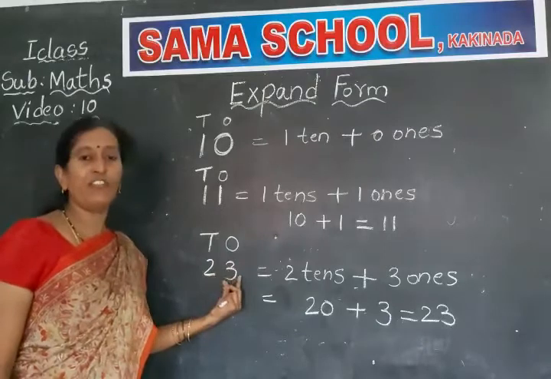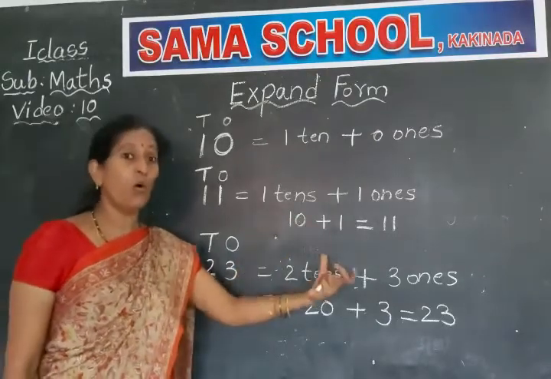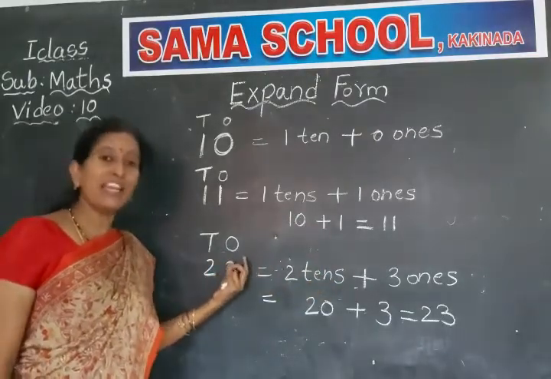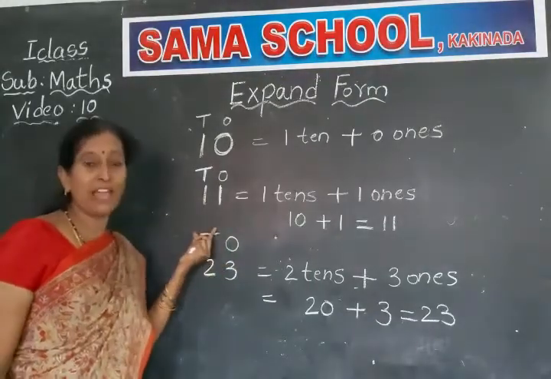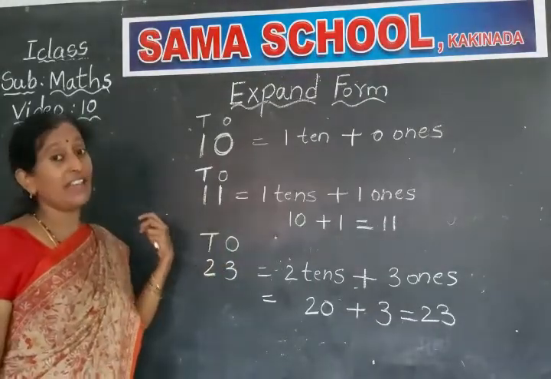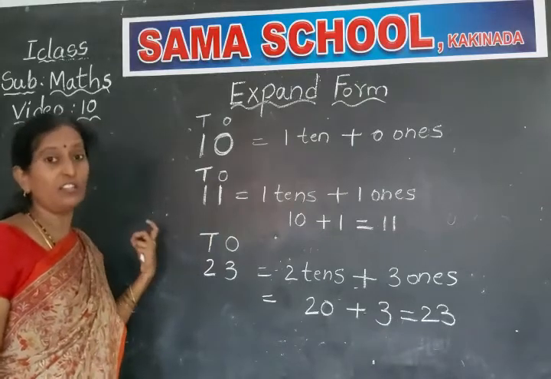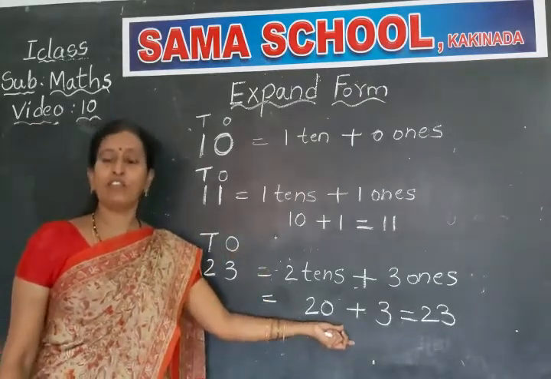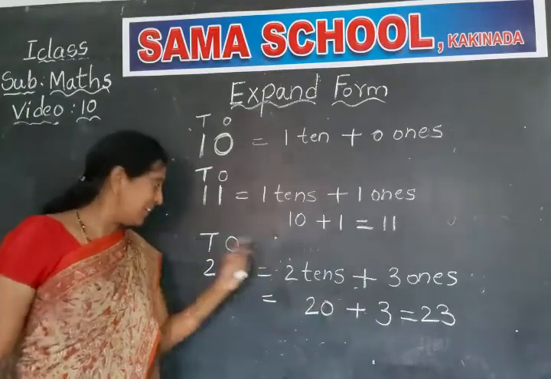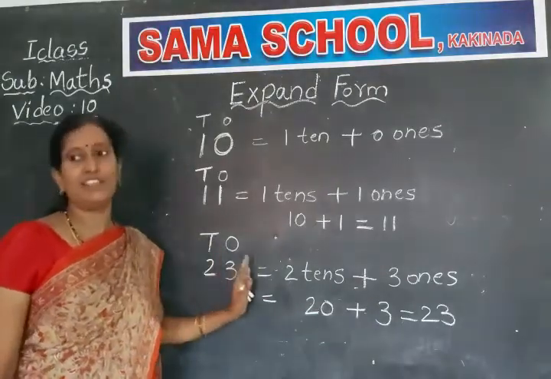The short form of the number, you expand it more to make the place values. This is in ones place. This is in tens place. And after, when you go to the second class, hundreds place, thousands place like that. But that is not enough for you, because you are first class students. Just learn about the 2 digits only.